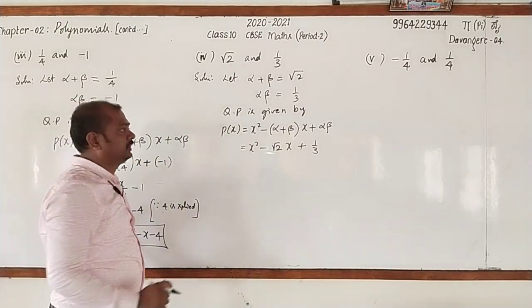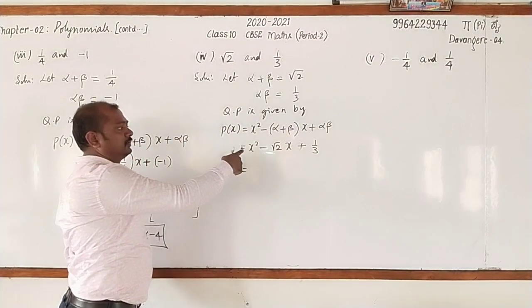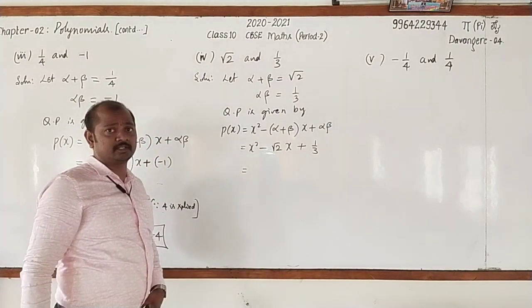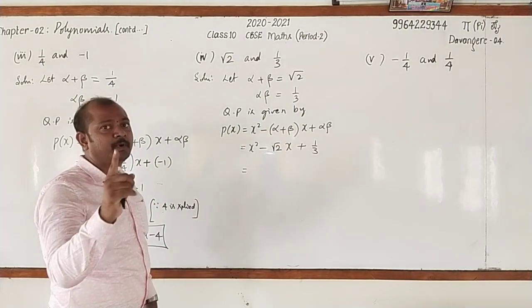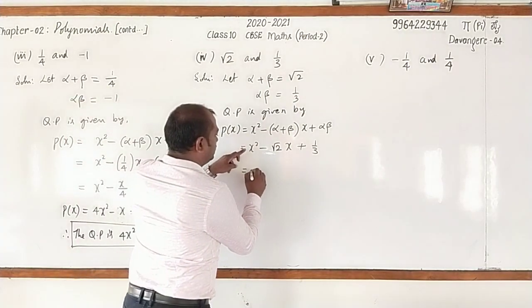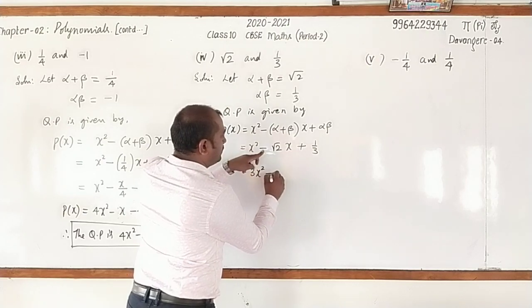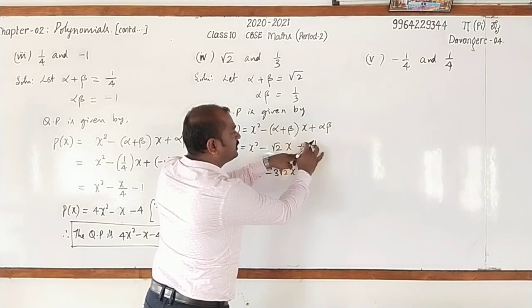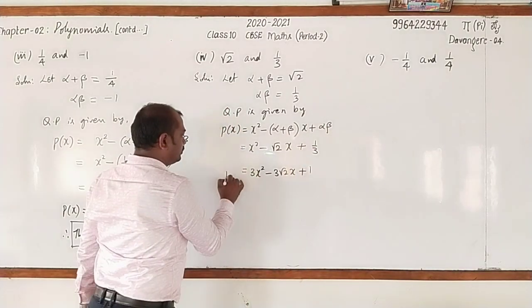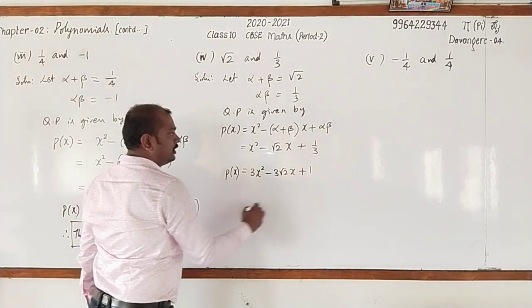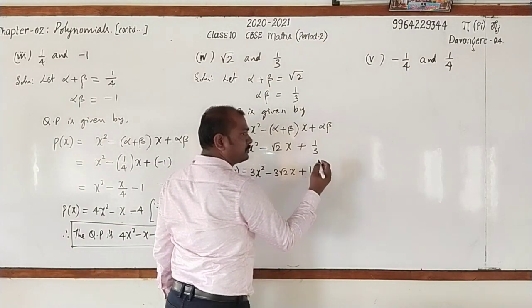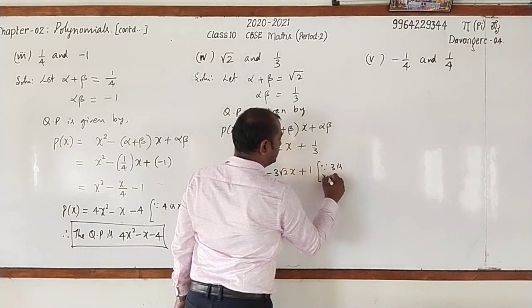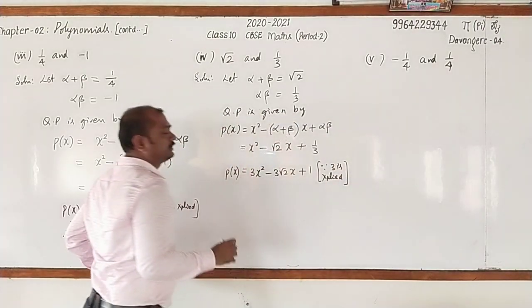What should be done? Here we have to multiply 3 with all the terms. We cannot multiply 3 with LHS and RHS. Why? Because it is a polynomial. Clear? So here I'll write 3x square minus 3 into root 2x plus, multiply 3 here, get cancelled, 1. So P of x is equal to this much. So in bracket you can write what has been multiplied. Therefore, because 3 is multiplied, or 3 is a constant.